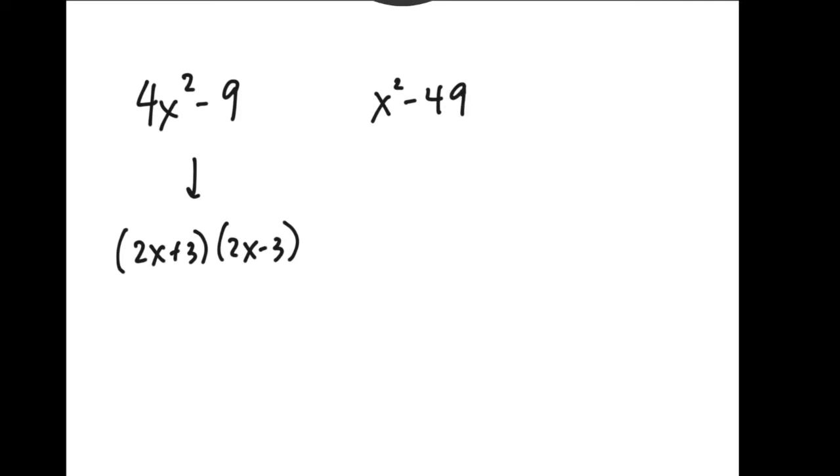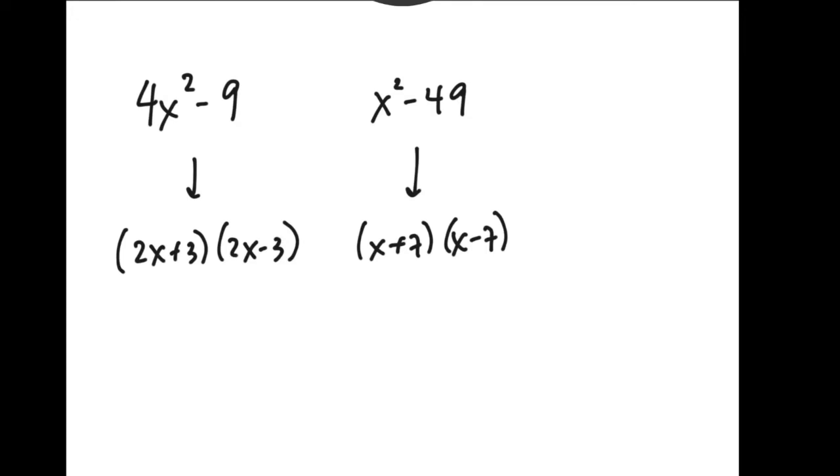So let's look at what we have so far. The one that we had earlier became 2x plus 3, 2x minus 3. When we had this, it became x plus 7, x minus 7. I hope you can see the pattern on how these are working.